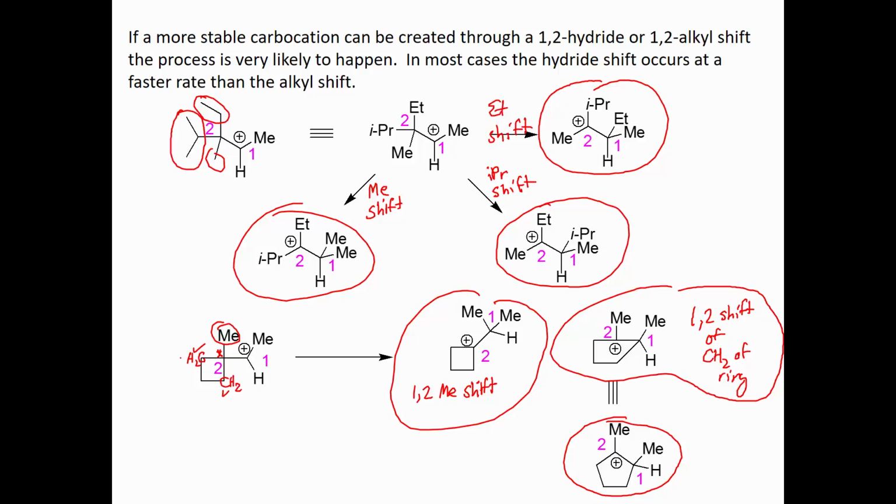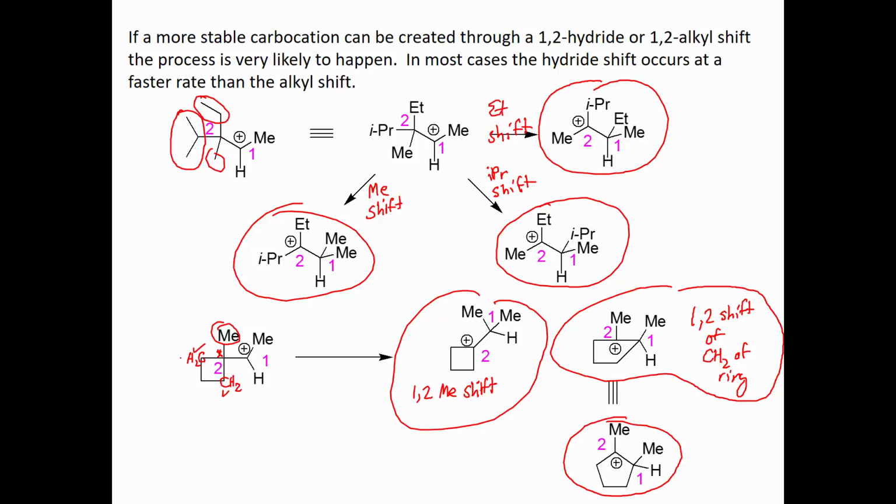Okay, all right, so you might think, what is the more favorable process here? Shifting the methyl group or shifting the CH2 of the strained ring? Well, it turns out that dehydrations in systems like this actually are very selective.